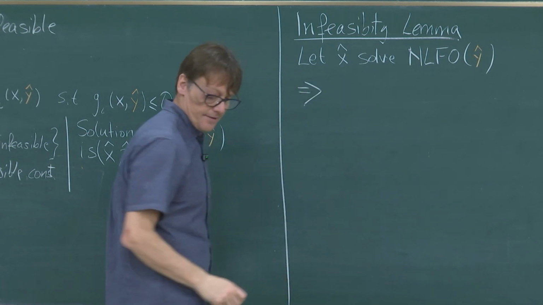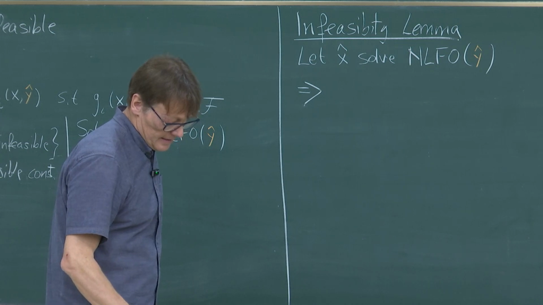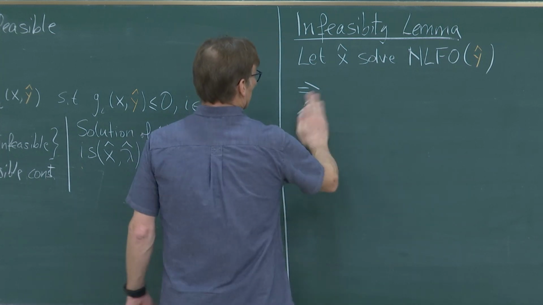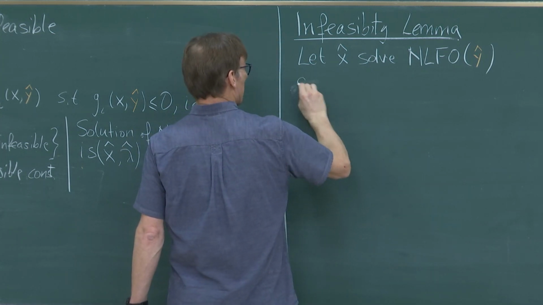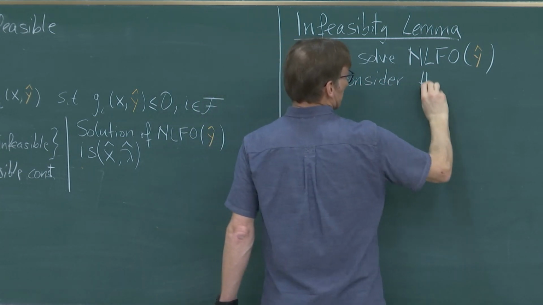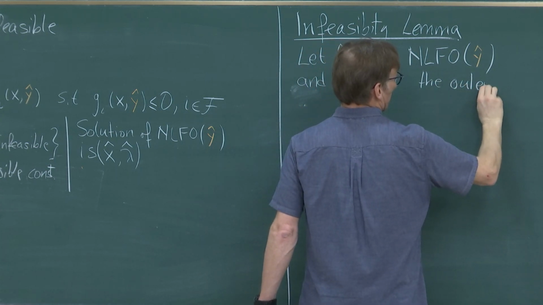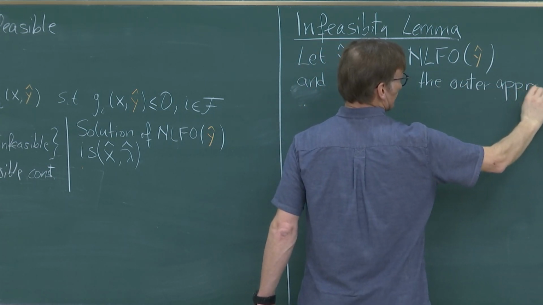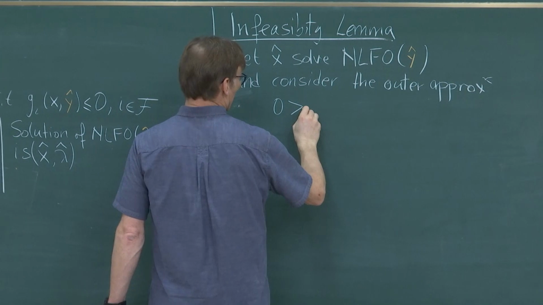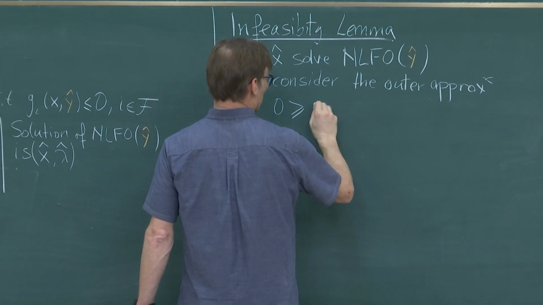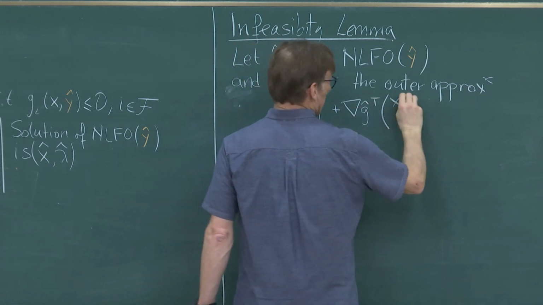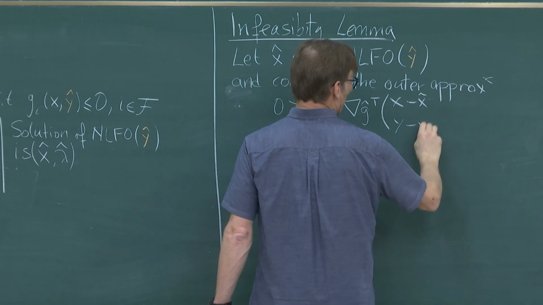Then it follows that, and consider the outer approximation. So I'm starting to use words that you'll hear more in a moment, which is 0 greater or equal to g hat plus grad g hat transposed times x minus x hat, y minus y hat.